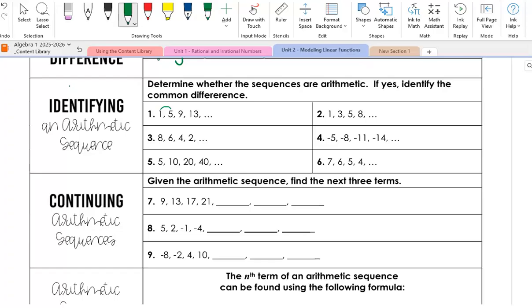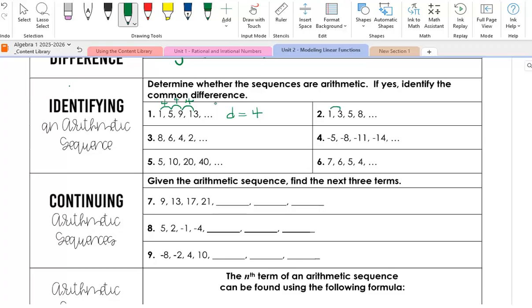So in Desmos, you are going to say 5 minus 1, which is 4. Then you're going to say 9 minus 5, which is 4. And then we're going to do 13 minus 9 is 4. Do you see how these three numbers are all the same? This is called the common difference. D equals 4.